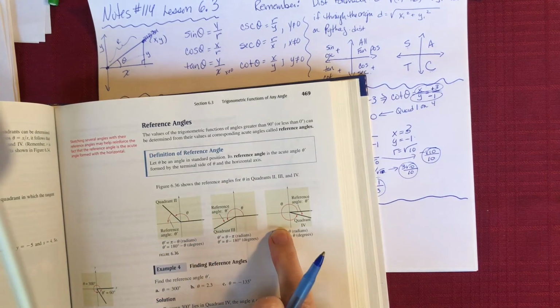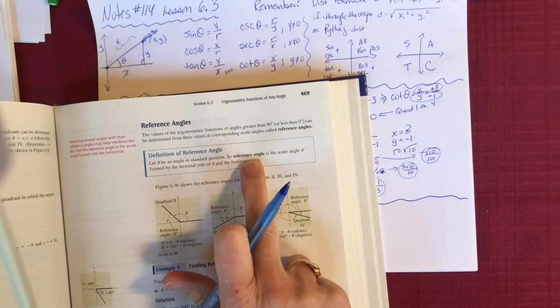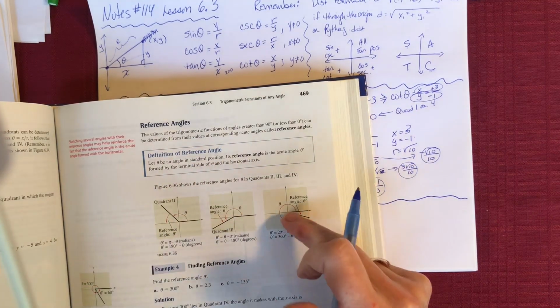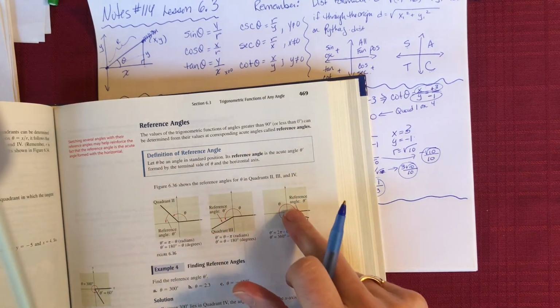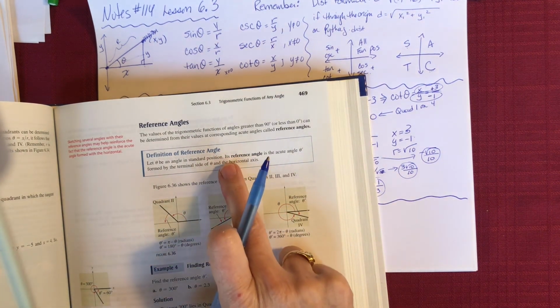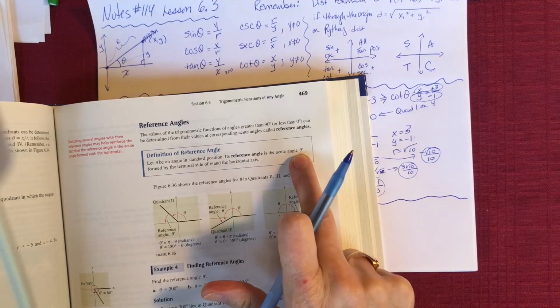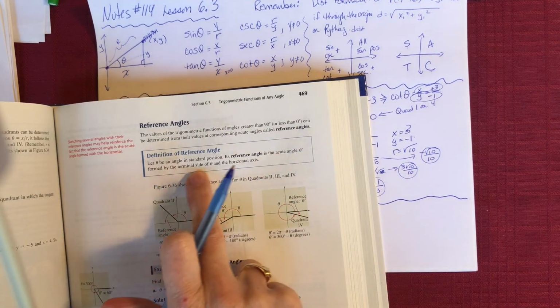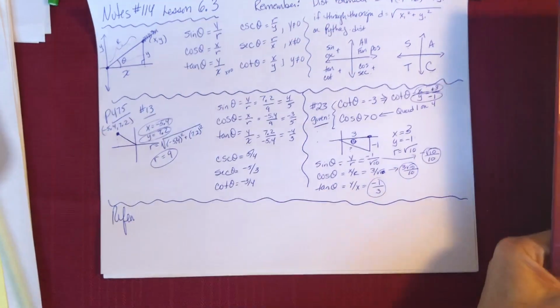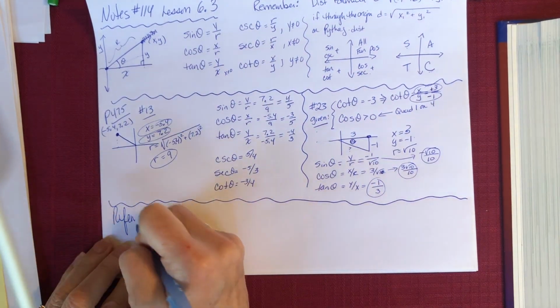The definition here says, let theta be an angle in standard position. Standard meaning it's on the Cartesian coordinate system and you've got it close to the origin. Its reference angle is the acute angle theta prime formed by the terminal side of theta and its horizontal axis. So it's the acute angle that's going to help you out.